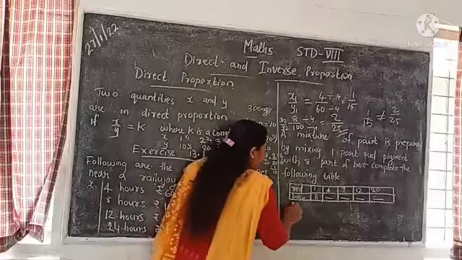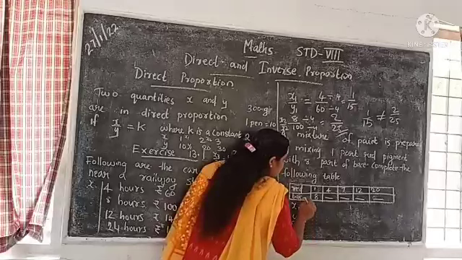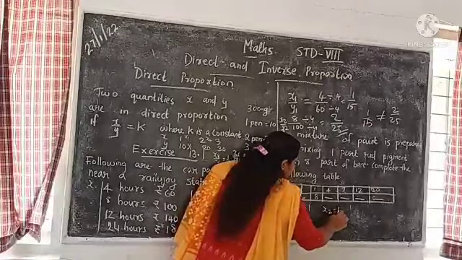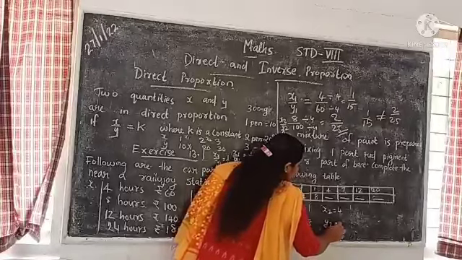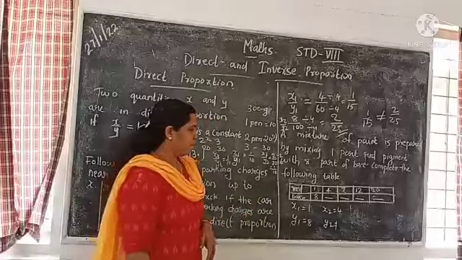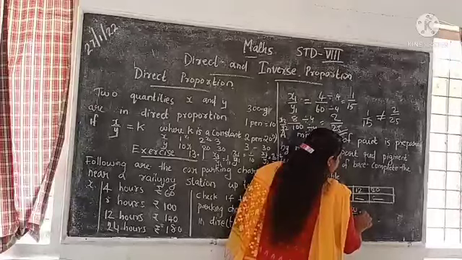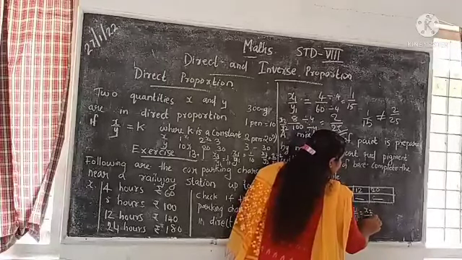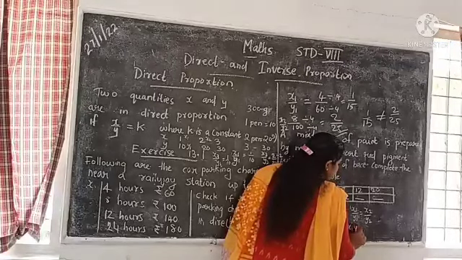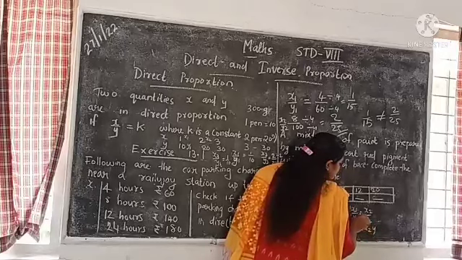So x1 is equal to 1, y1 is equal to 8, x2 is equal to 4, and y2 is not given. We have to find the value of y2. We know that x1 by y1 is equal to x2 by y2. On cross multiplying, x1 y2 is equal to x2 y1.